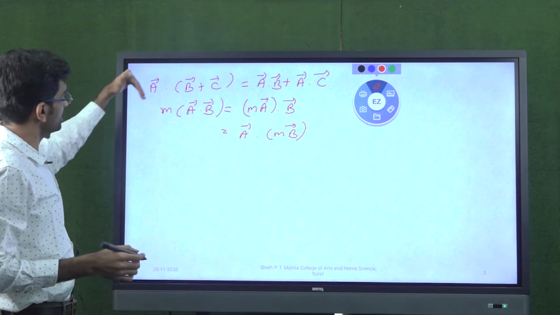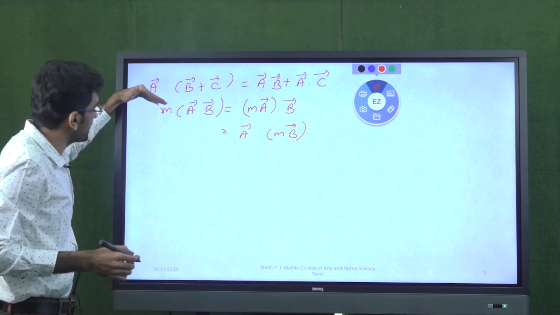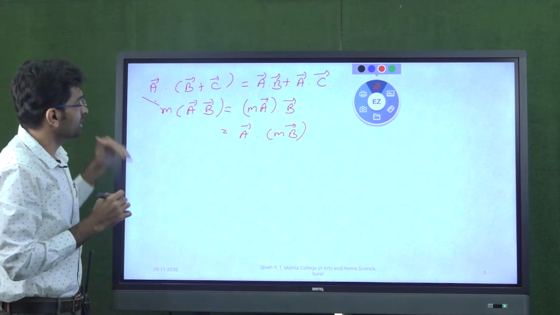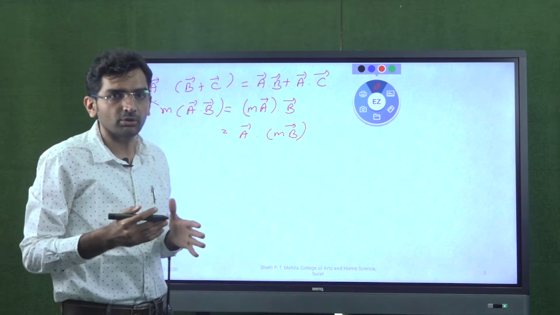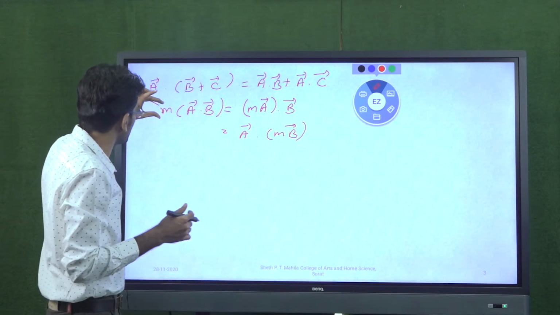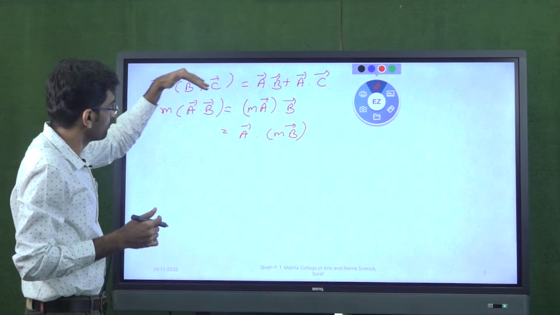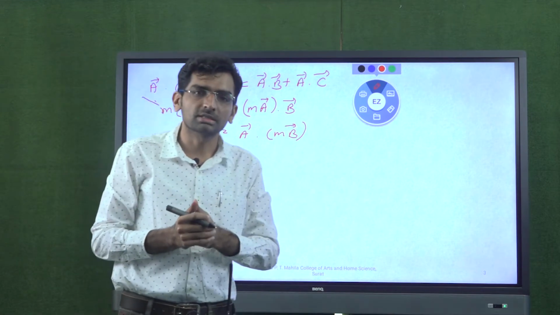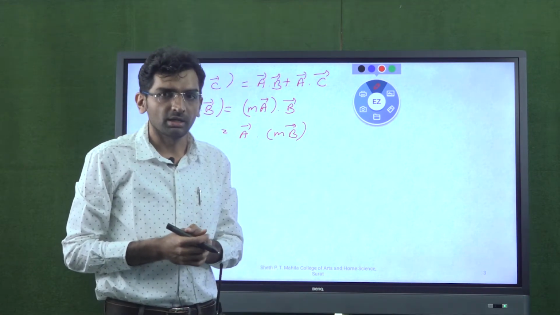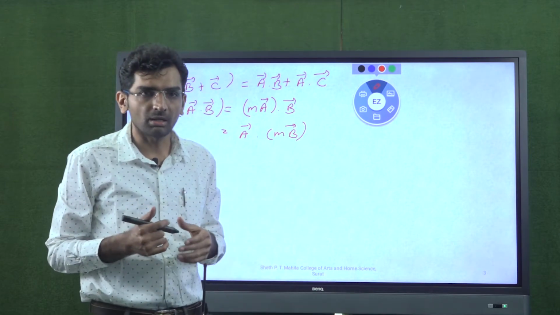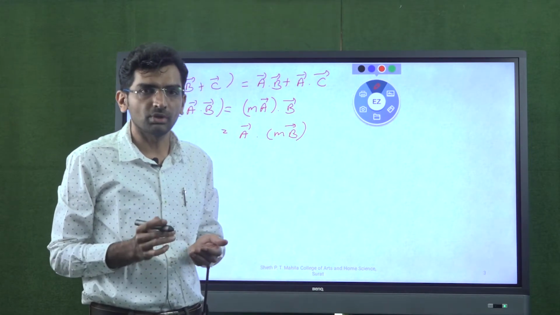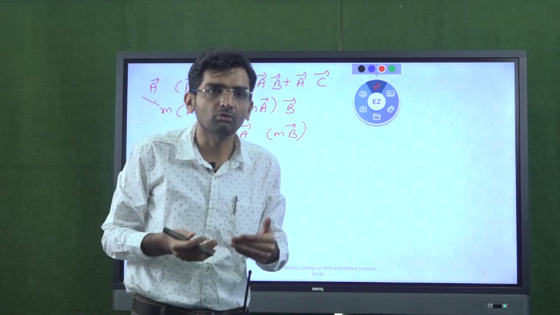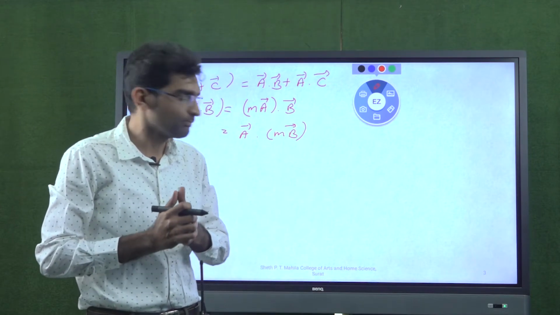So basically, if I multiply this scalar product with some scalar quantity, then that will increase the magnitude of A dot B by the order of that particular quantity. These are all the properties of the scalar product of vectors. In the next slide, we will understand the vector product of vectors. But before that, one important point about the scalar product that I would like to tell you here.